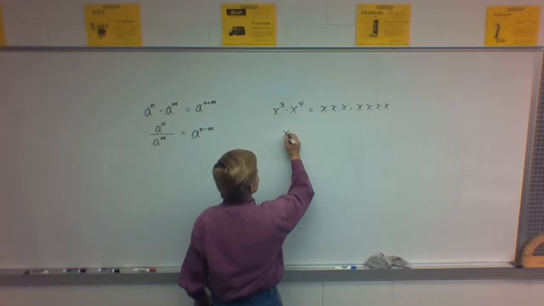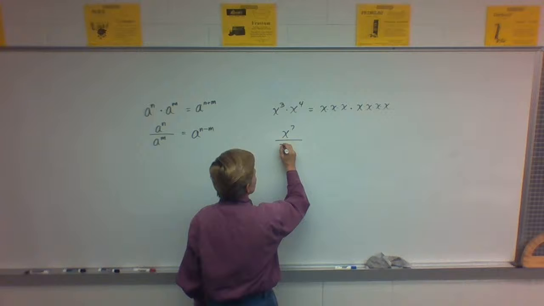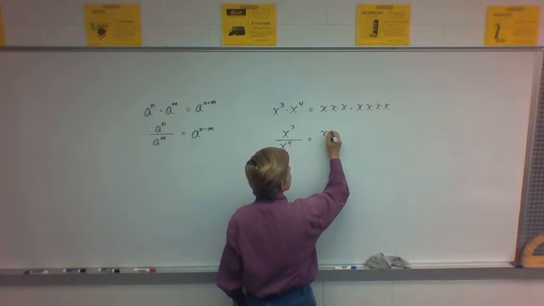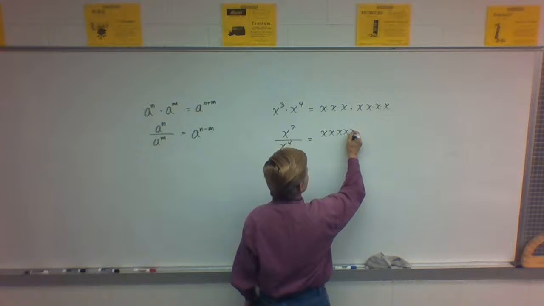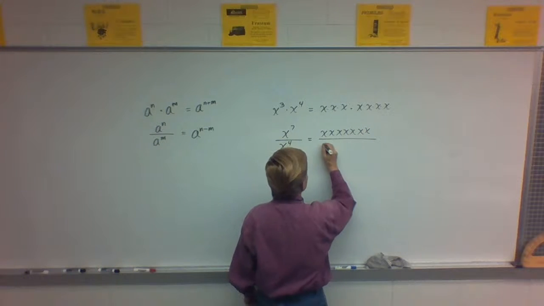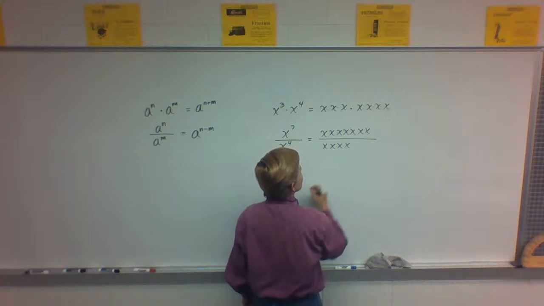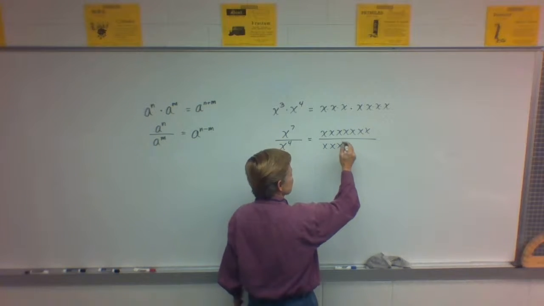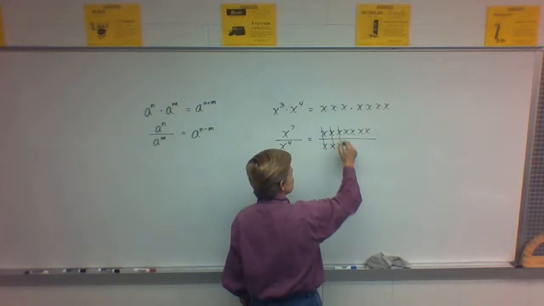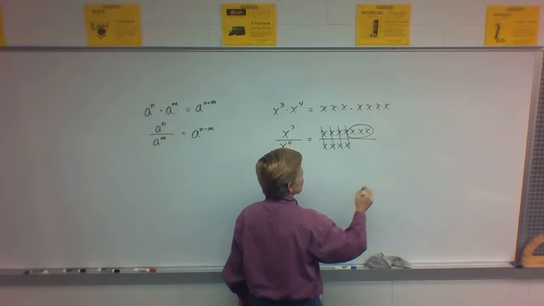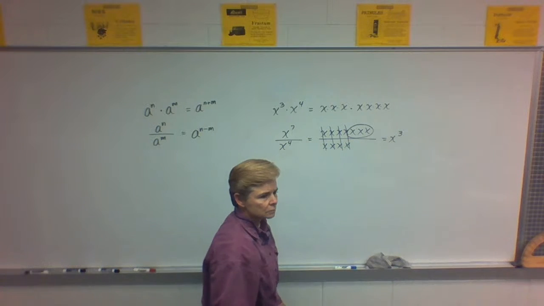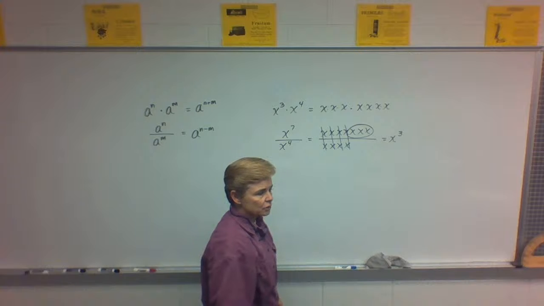If I have x to the 7th over x to the 4th, that literally means this. And if you got x's all multiplied together over x's all multiplied together, they're all eligible for canceling. 1, 2, 3, 4. What are you left with? X to the 3rd, which just happens to be 7 minus 4. That makes good sense, right?